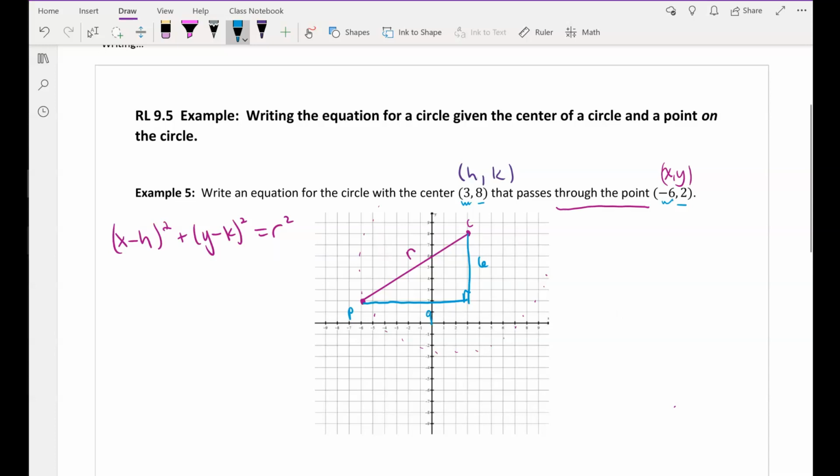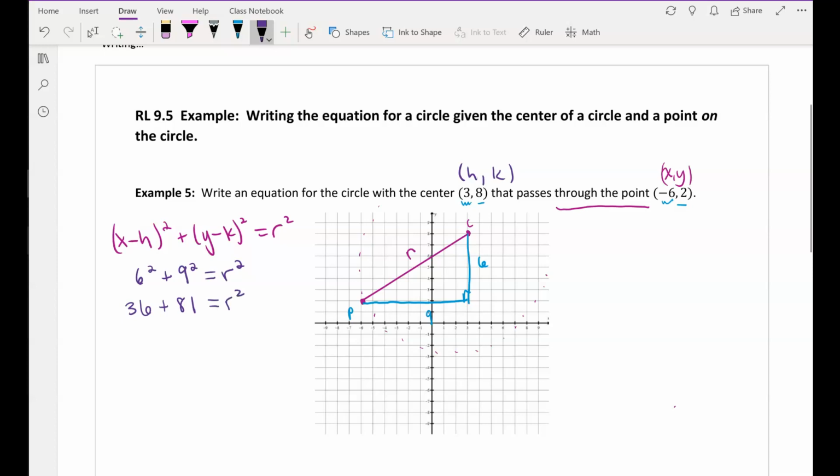So when I plug this into the Pythagorean Theorem, I could say 6 squared plus 9 squared equals r squared. 6 squared we know is just 36. 9 squared is 81.